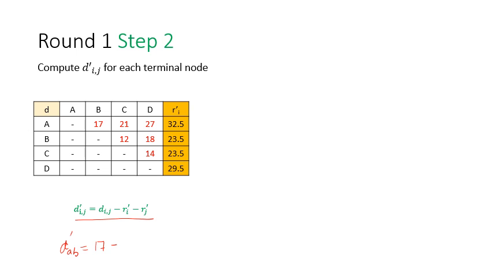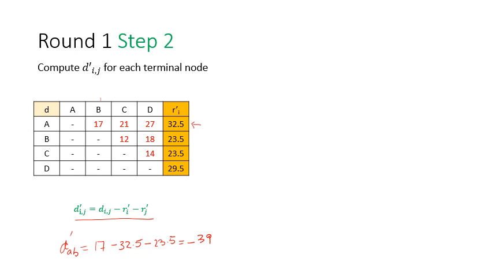I here is A, r prime of A is 32.5, minus r prime j, here j is B, so r prime j value is 23.5. If you calculate this value, you will get minus 39.